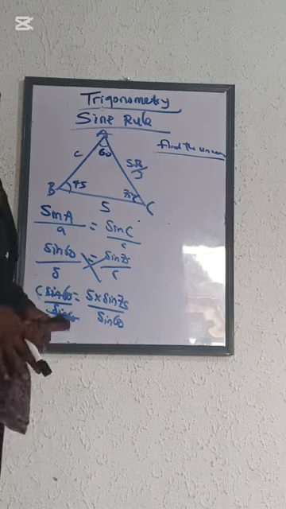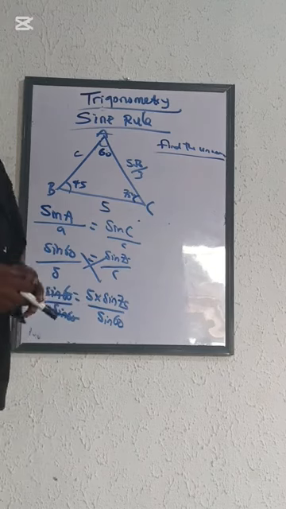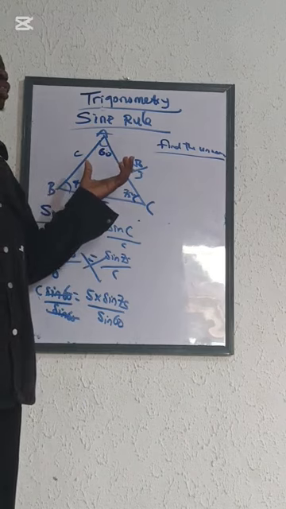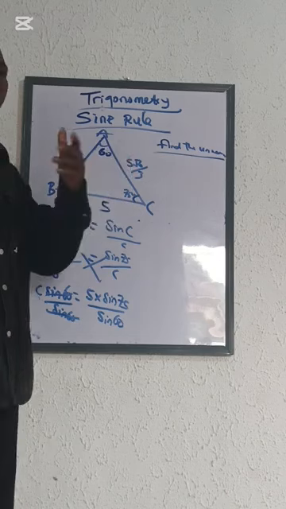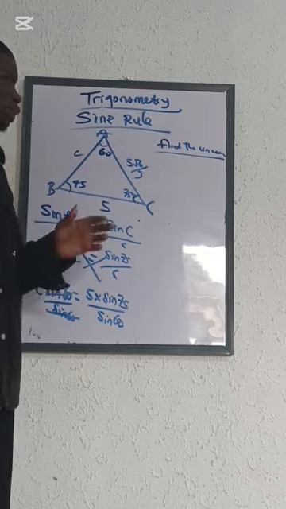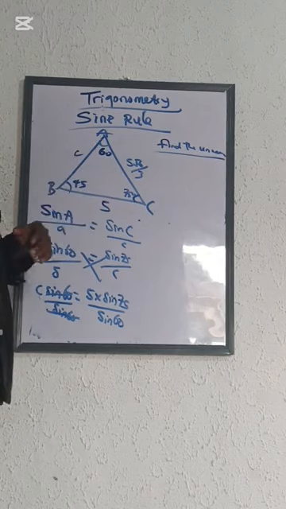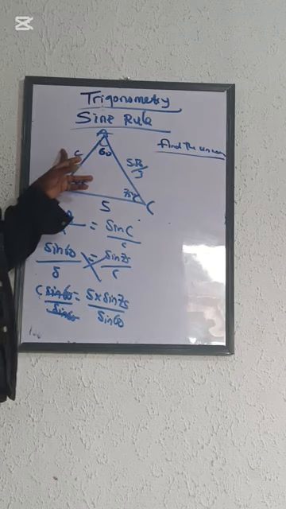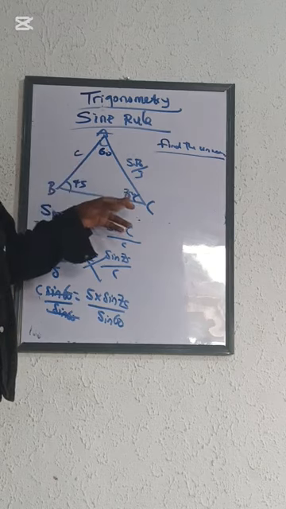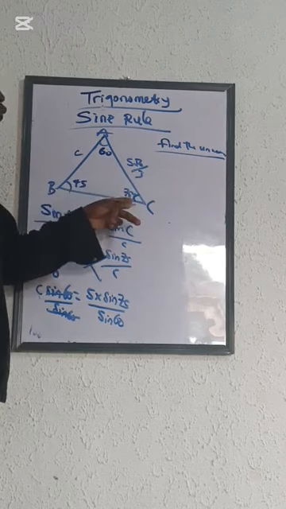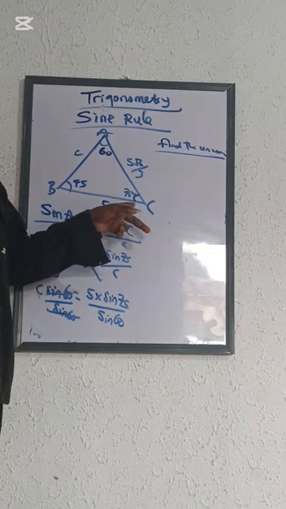That's all about sine rule. But you need to know that most times it's supposed to be understood, like the way I put it for you. If they gave you B and C like the other time, and you want to find c without doing b, it can still work, but you have to get this angle first.